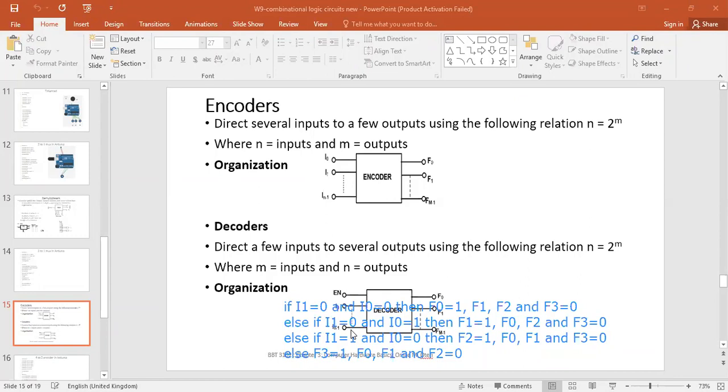Somebody can tell me what an encoder does. Just the opposite of the decoder, but exactly what is that supposed to be?